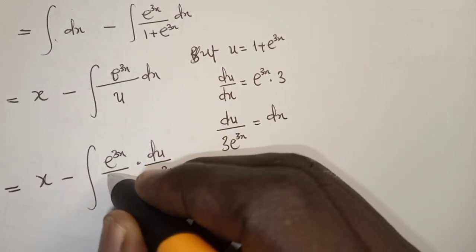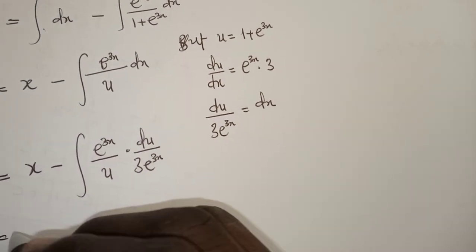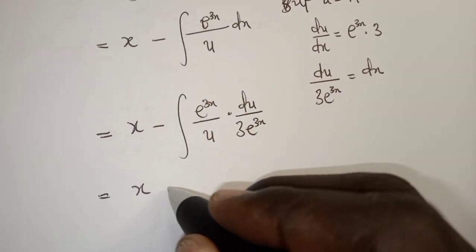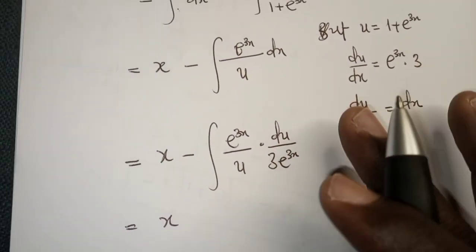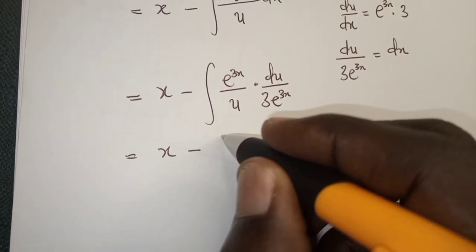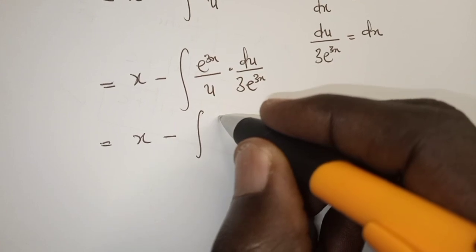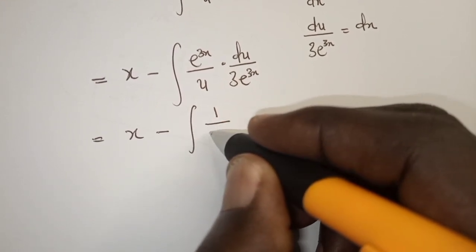So this and this cancel, you'll be left with 3. So you have this will be equal to x minus the integral of 1 on 3u du.